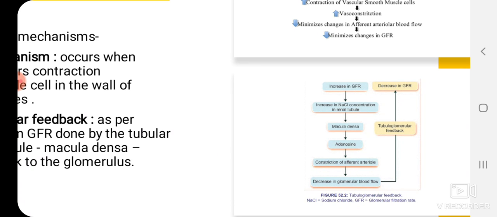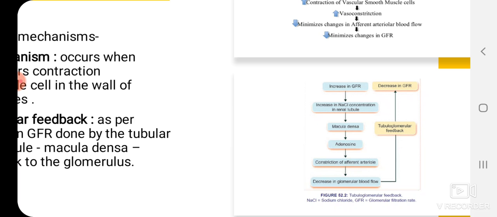So the tubular part of the renal tubule has a macula densa. On the ascending limb of the nephron there is a macula densa. They sense the high concentration of sodium ion, chloride ion and water in the fluid. So they inhibit the nitric oxide. By inhibition of nitric oxide, they trigger the contraction of the afferent arteriole.